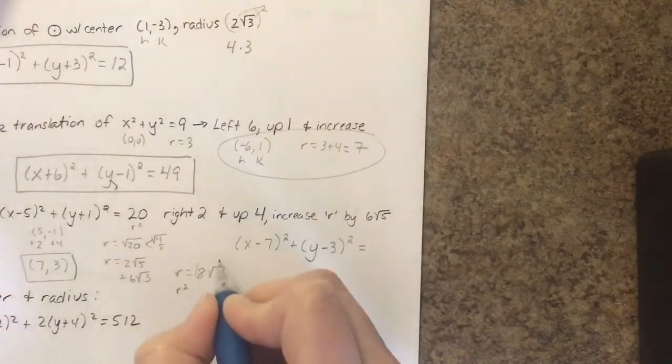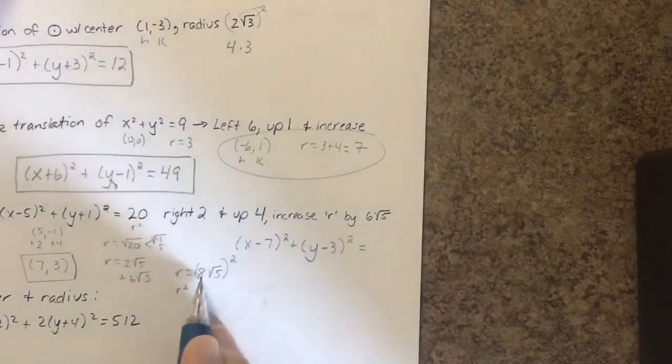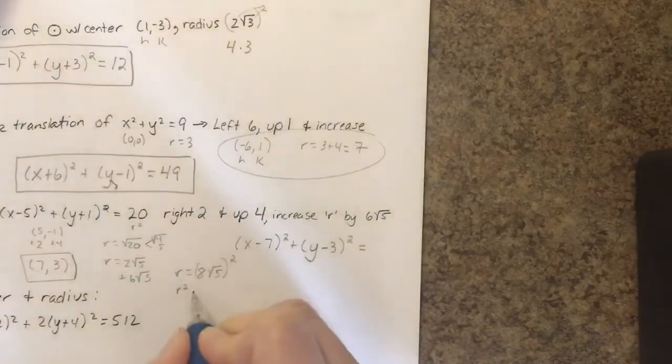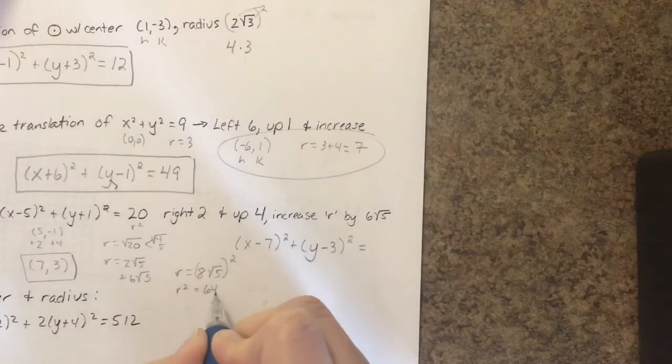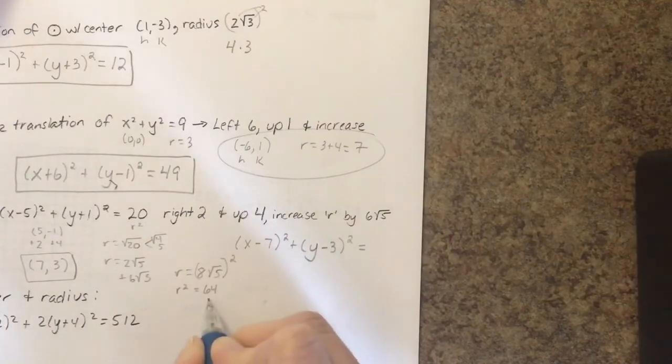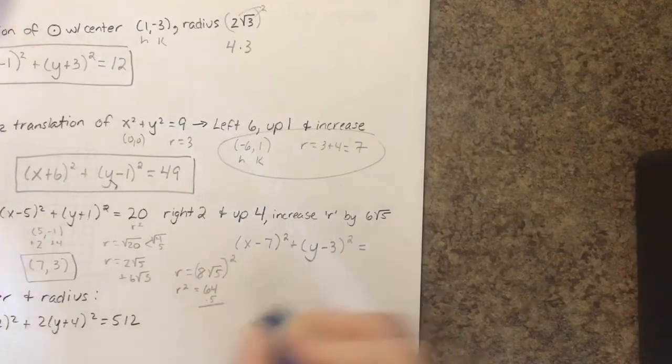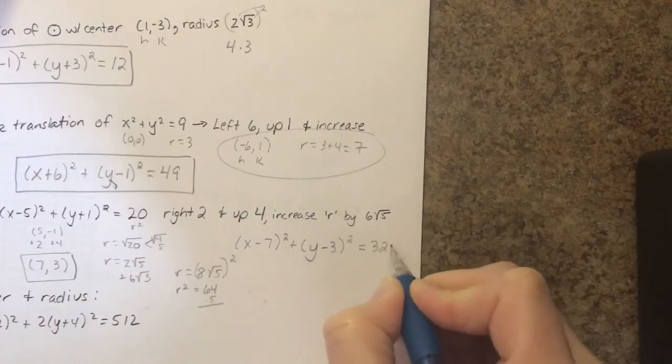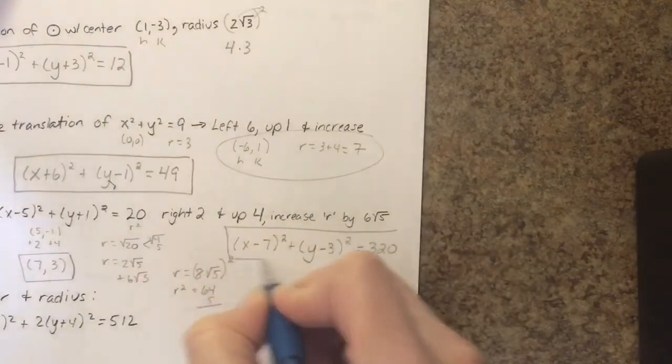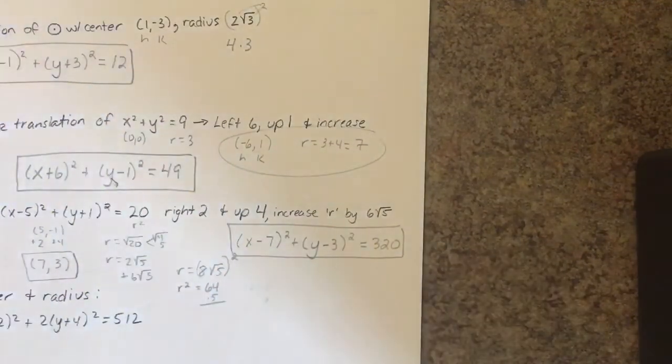Now I have to square this whole thing. So I have to square 8, that's 64, and square the square root of 5 is 5. That gives us 320 for my radius squared.